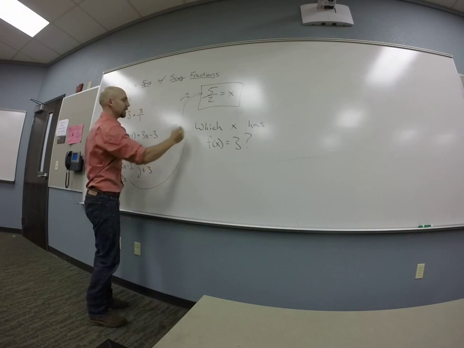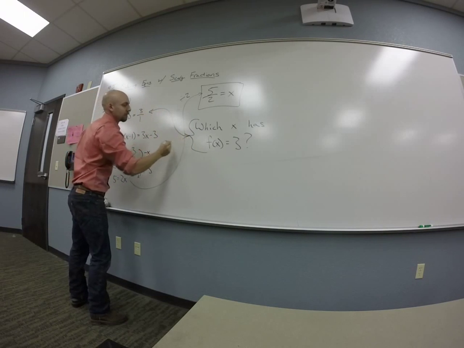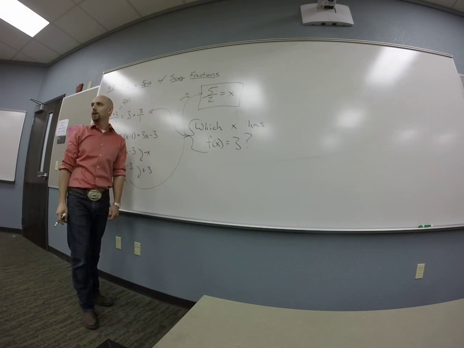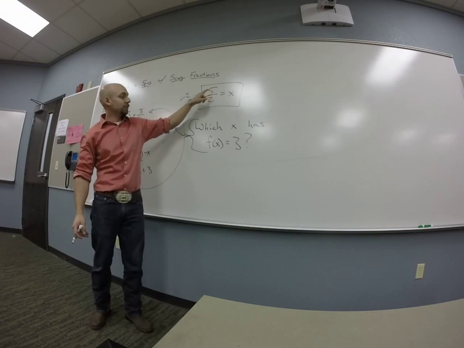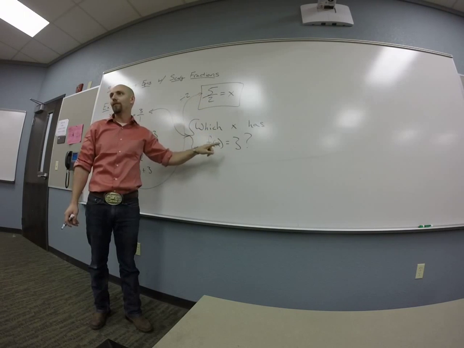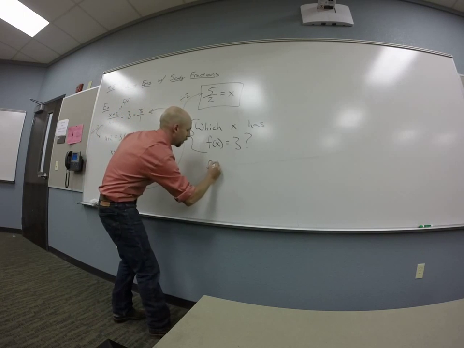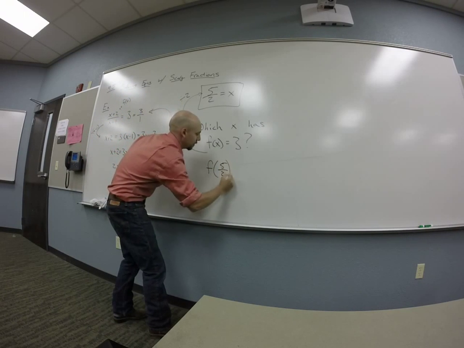Does that make sense? This is this question. Okay? So the answer is x is 5 halves has f of x equals 3. So what I found out was f of 5 halves is 3.